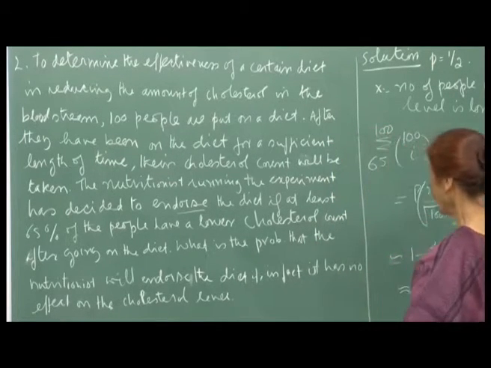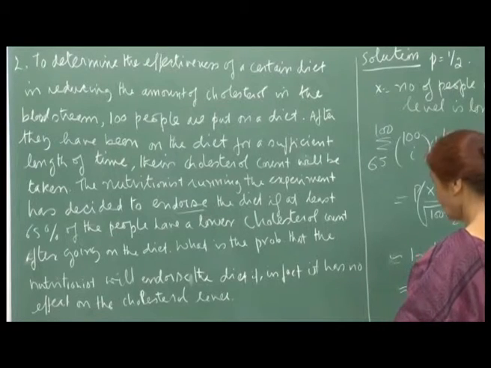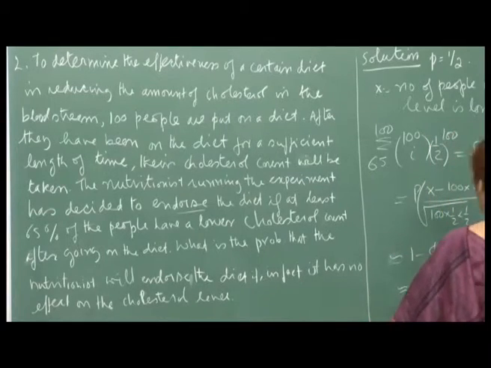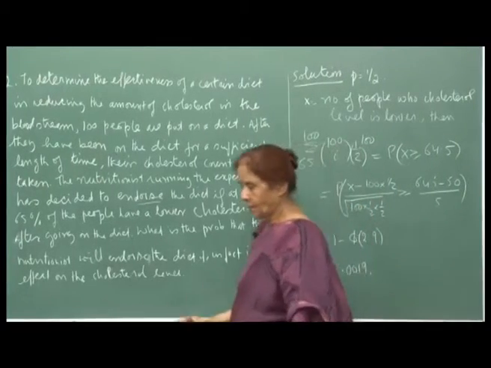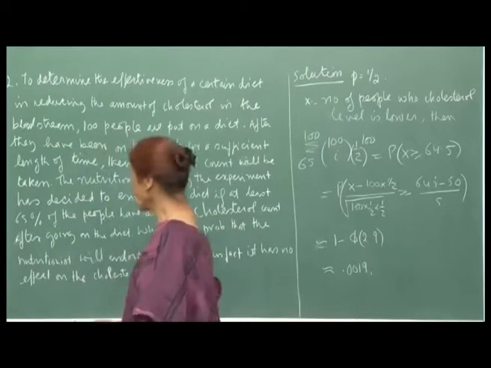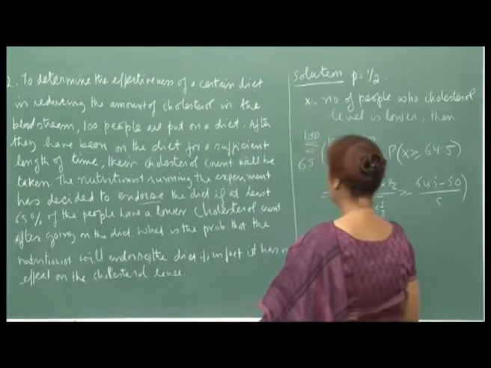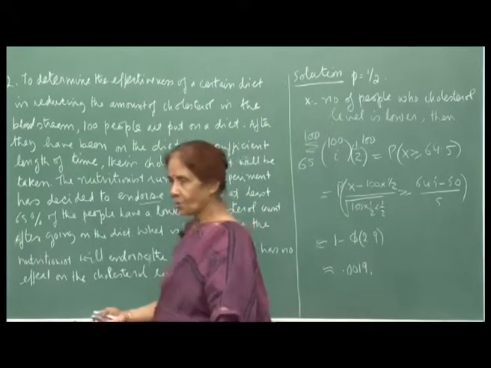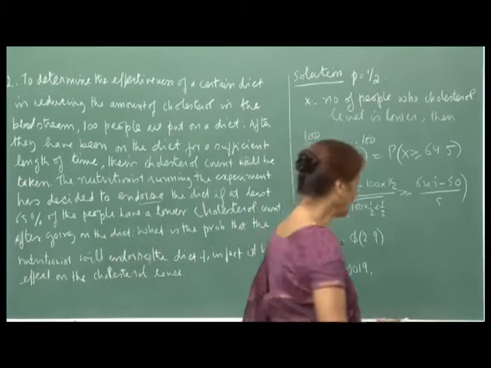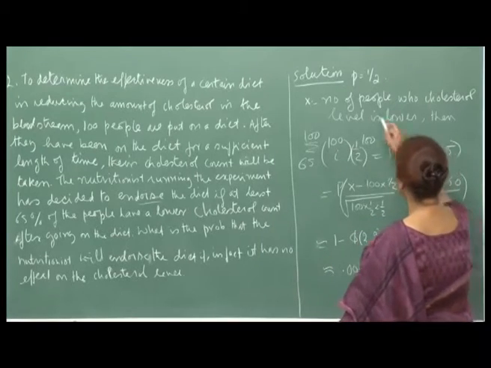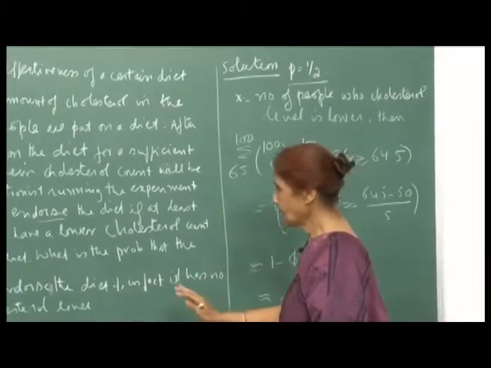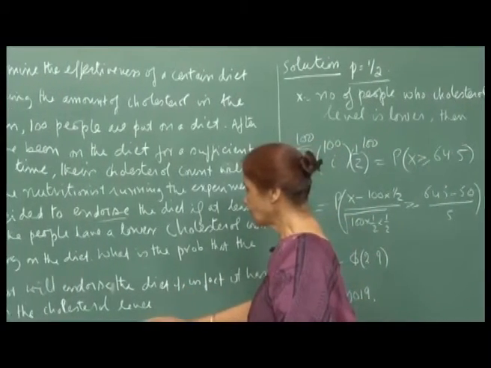So, now we have to decide how to model the situation, and the idea here is that it is either way. People may on their own have their cholesterol count come down, and so the chance of that happening is equally likely. Either your cholesterol count goes up or it comes down. So, that is an equally likely situation, and therefore, you can just take p equal to half. So, we are assuming that the diet has had no effect on the cholesterol level.